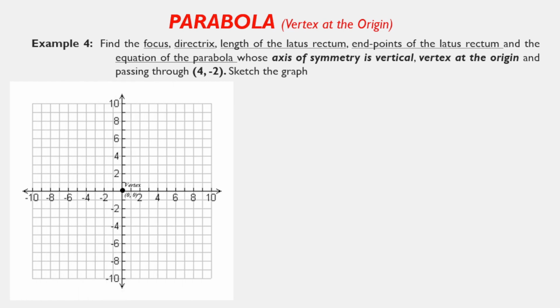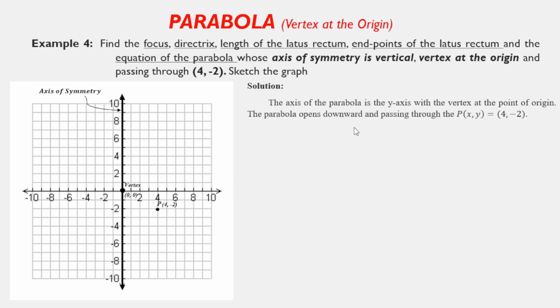As we plot the given information, the vertex is located at the origin, and we know that the axis of symmetry is vertical, so it will pass through the vertex. By the given information itself, the axis of the parabola is the y-axis with the vertex at the origin.